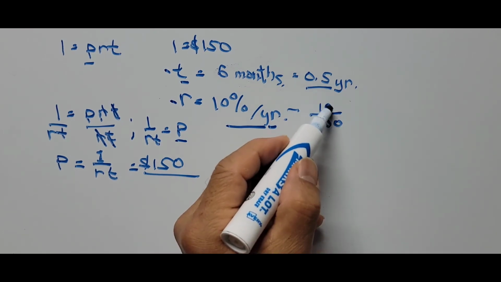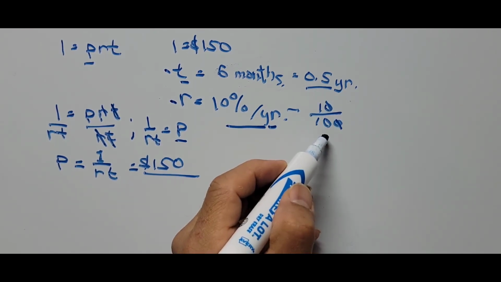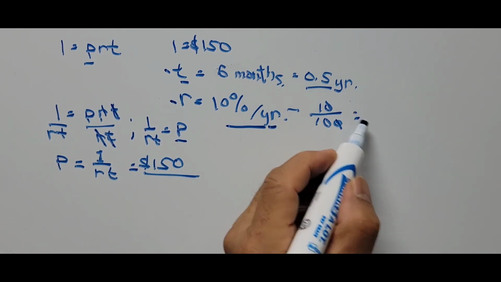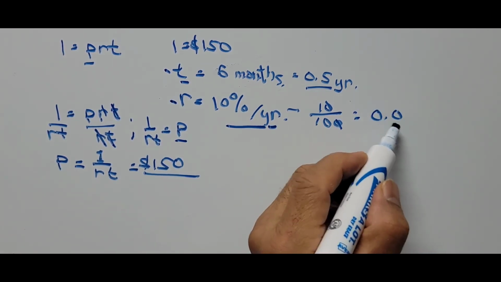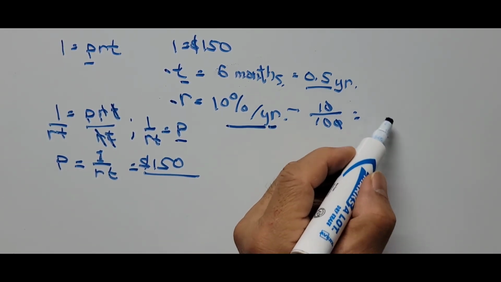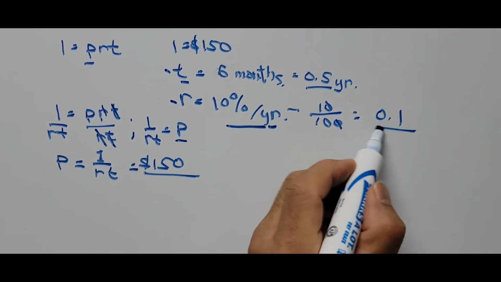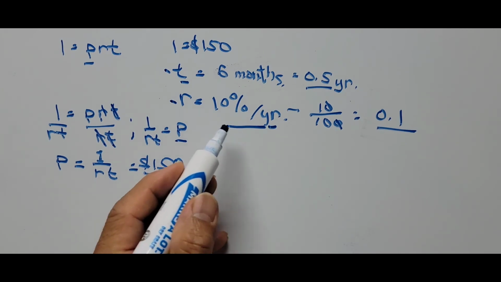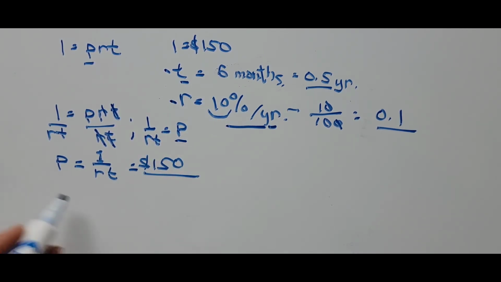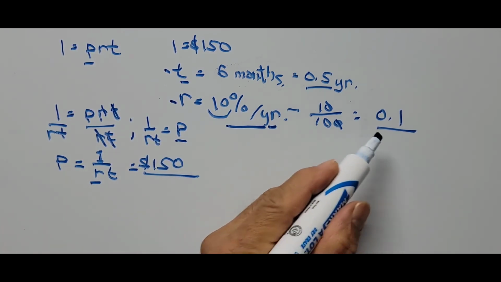So cancel the 0, that's 1 over 10, or 0.1. That is 0.1. All right, so that's 10%. We move the decimal place to the left twice: 1, 2. So now the rate is 0.1.